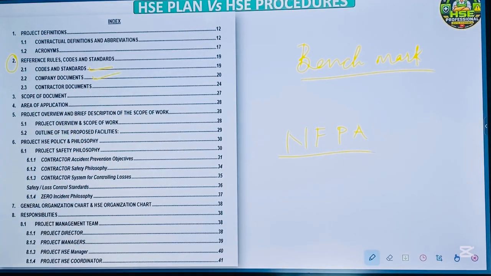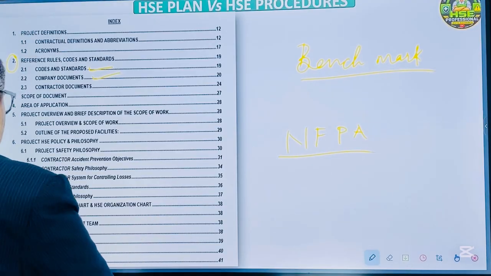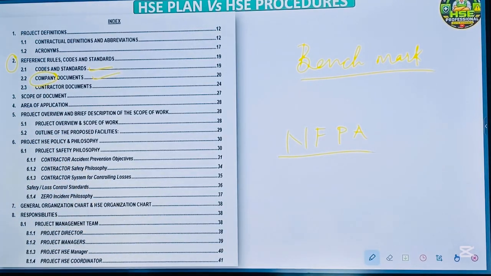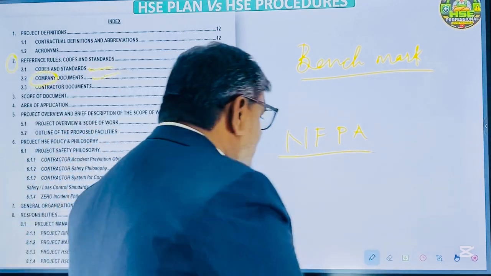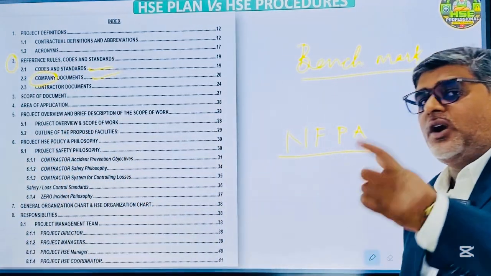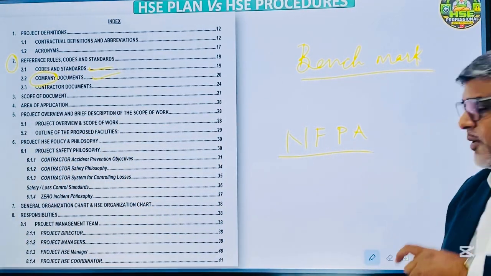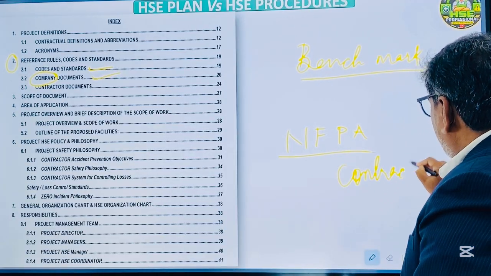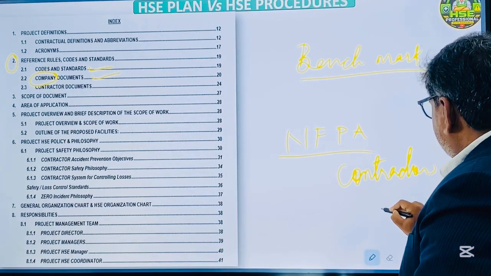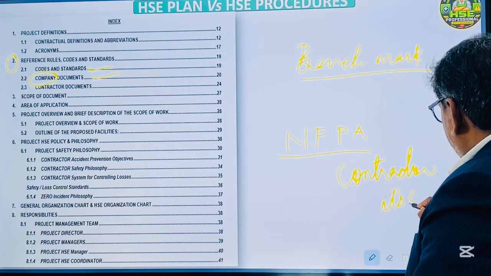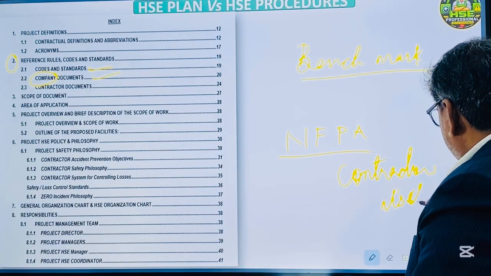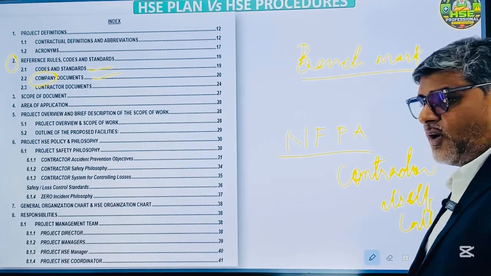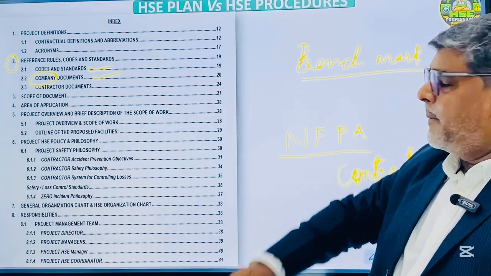Okay. What is company document? In Aramco we say company document, but in a non-Aramco project, the contractor itself is called company.